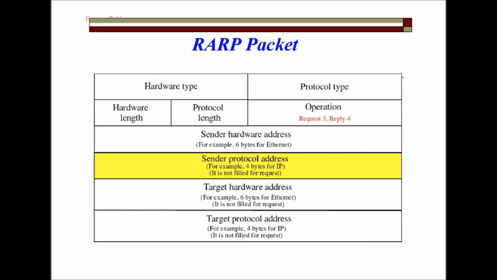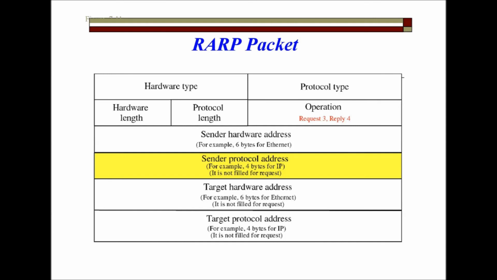So hence we have completed in detail the reverse address resolution protocol, and this protocol is used to find the logical address when we have the physical address. The difference between the ARP and reverse ARP header format is only one field, which is the operation field.